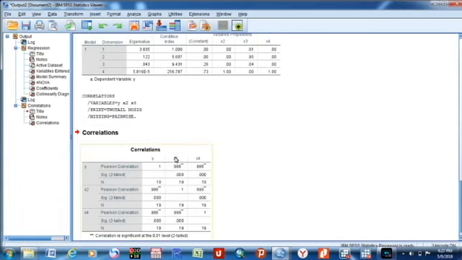So when we see this, the Pearson correlation coefficient between y and x2 is 0.986, and y with x4 is also 0.986. So this indicates that they are identical, so we have to eliminate one of them. So in this case we have to eliminate x4 or x2.